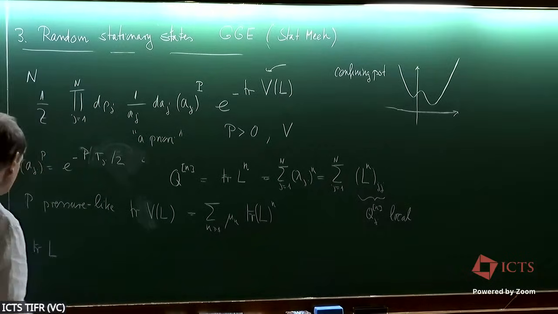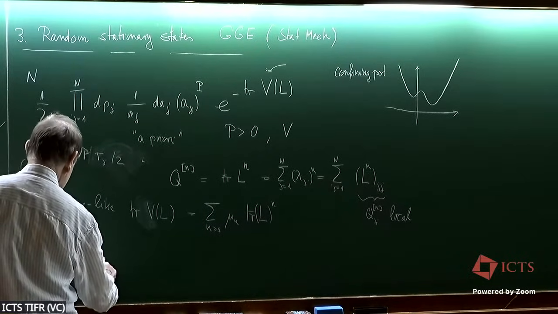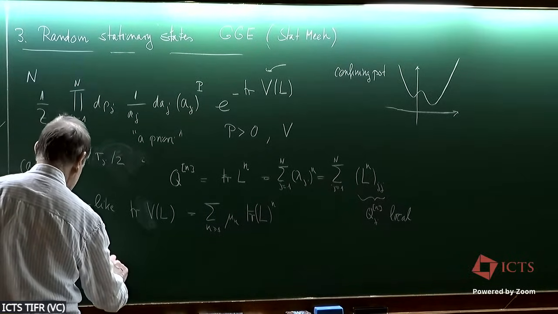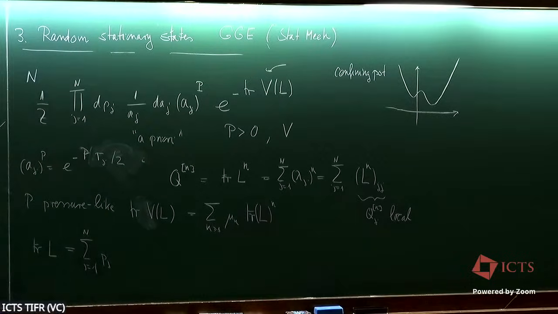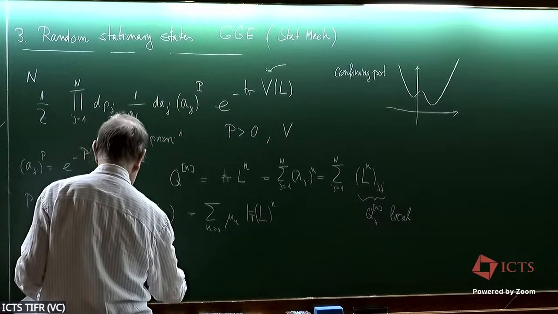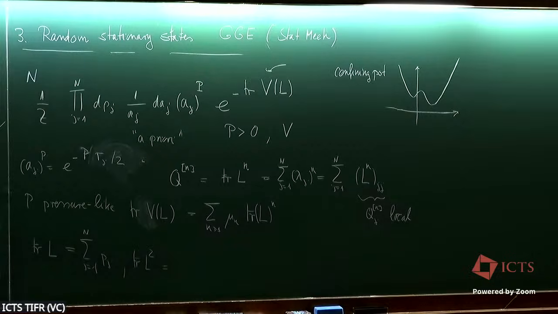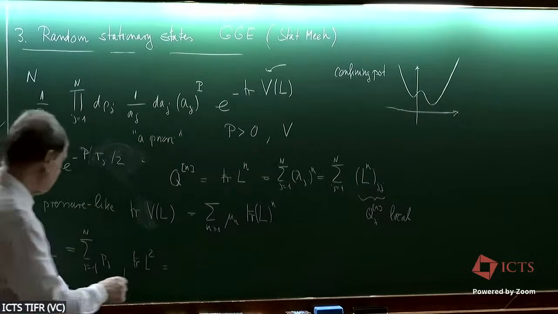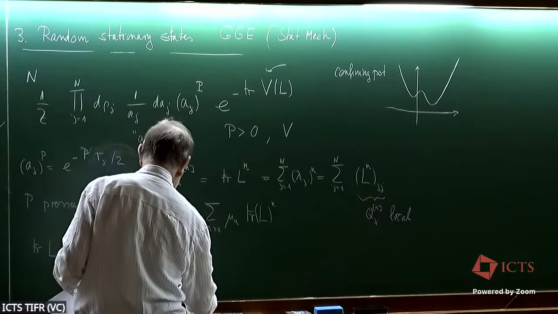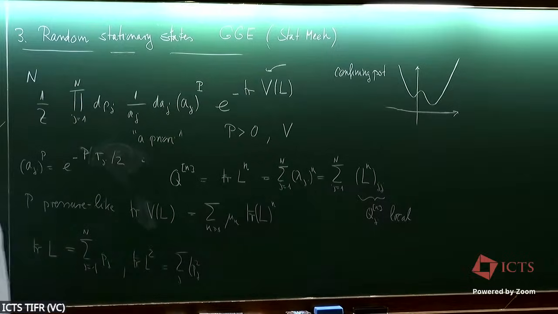I can compute the trace of L. That's just the sum of the diagonal elements, so I get the sum from 1 up to n of Pj. This will obviously be the total momentum, which is of course conserved. And I can also compute the square of this matrix. I have to square each matrix element, so I get the summation over j of Pj squared, and then I get twice Hj squared.